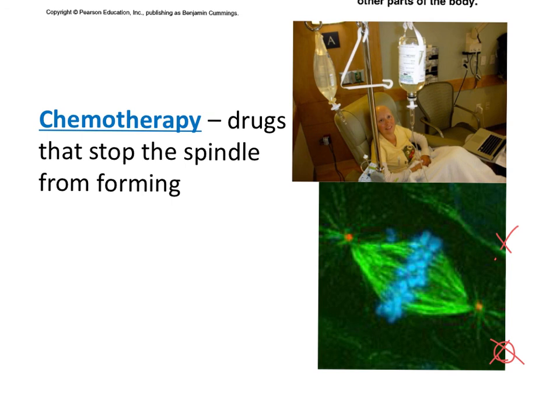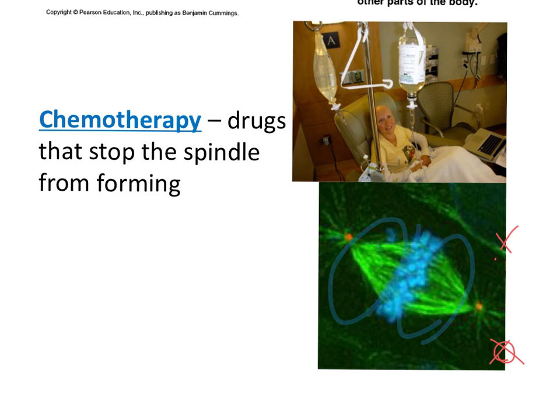Chemotherapy, of course, is one option for cancer treatment, depending on the type of cancer and person. But some chemotherapy drugs work by stopping the spindle from forming. So the spindle are those ropes that pull the chromosomes, and the chromosomes need to be pulled apart in order for division to happen.